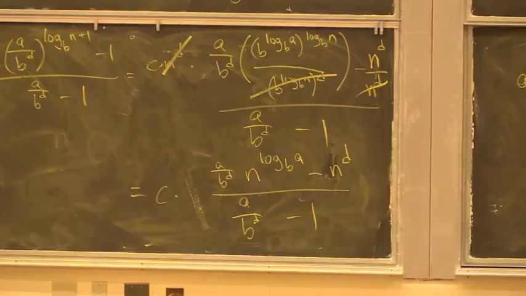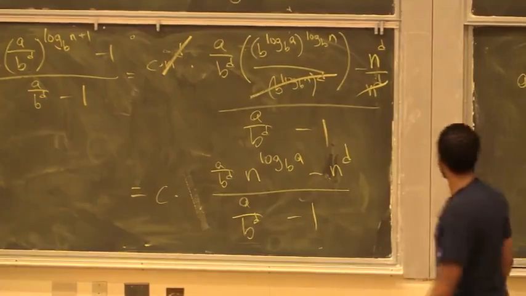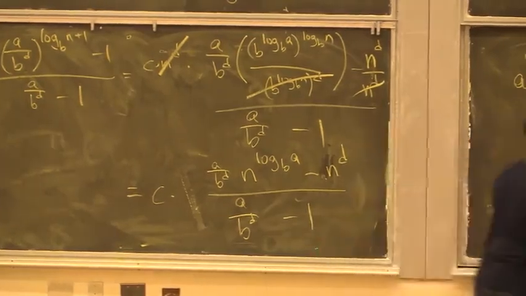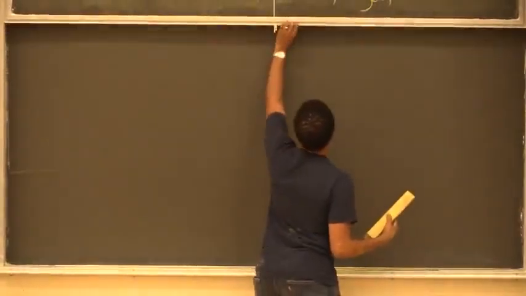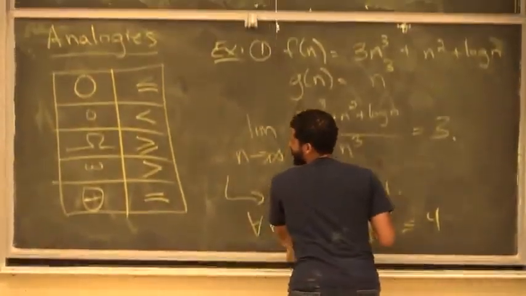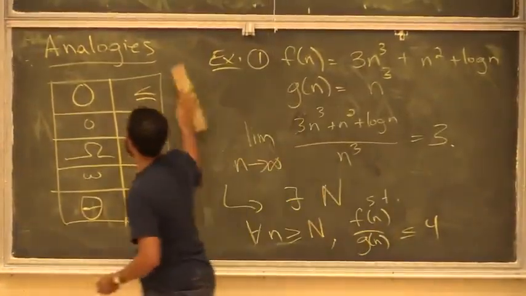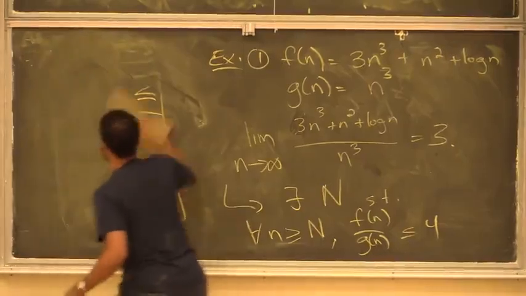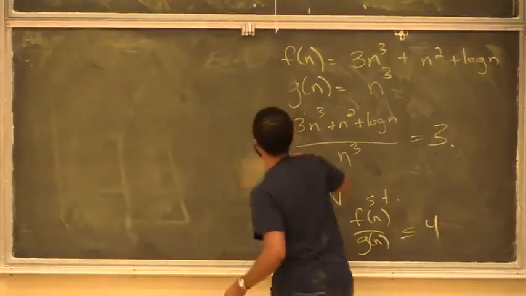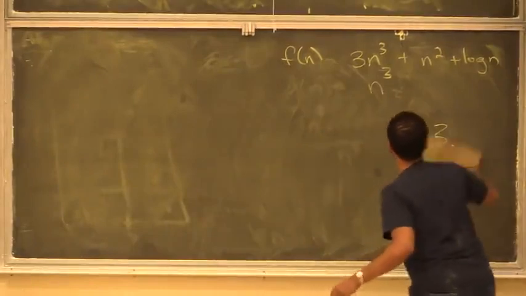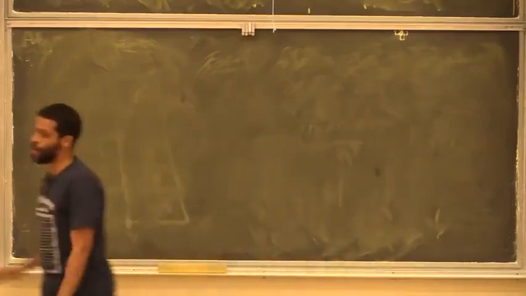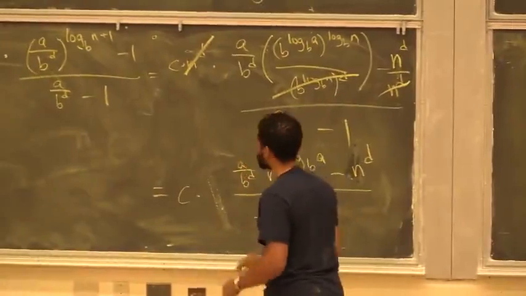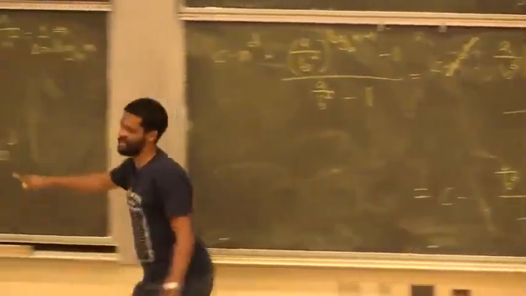And that's important because now there are 2 more cases. So we already took care of the case that a is equal to b to the d.